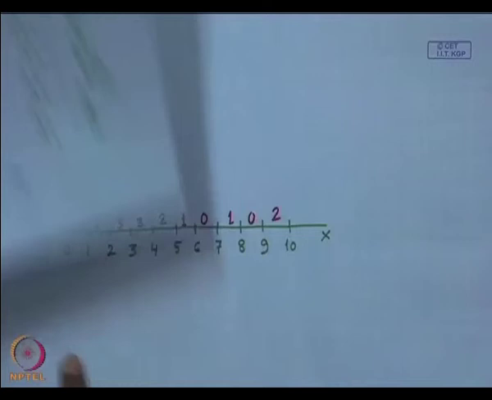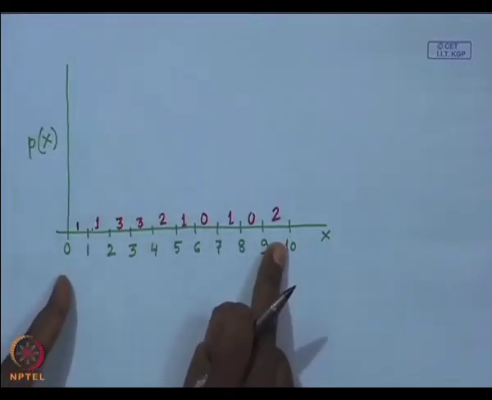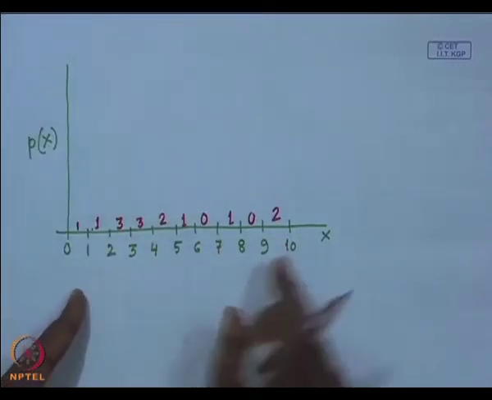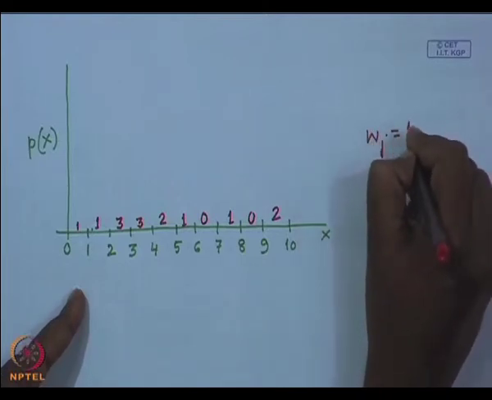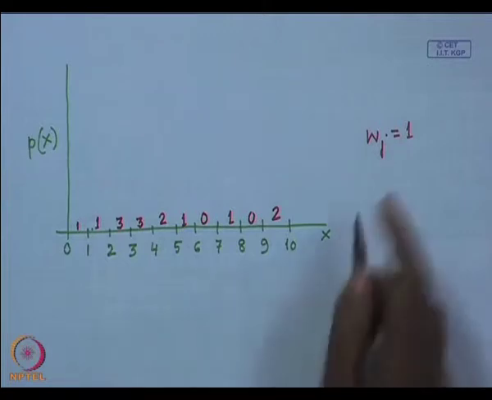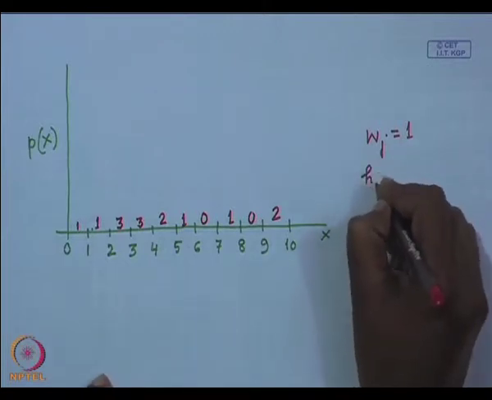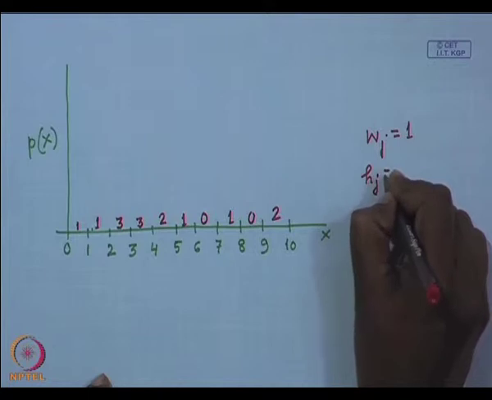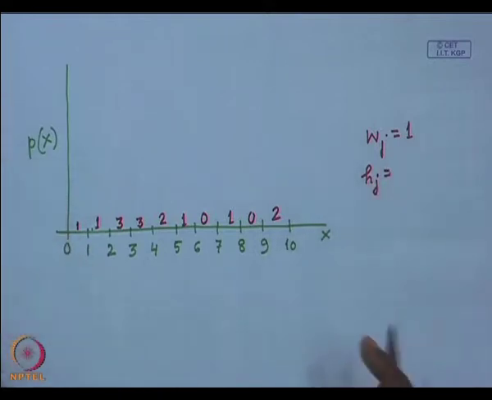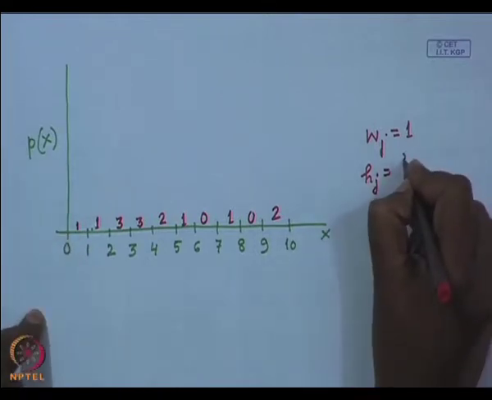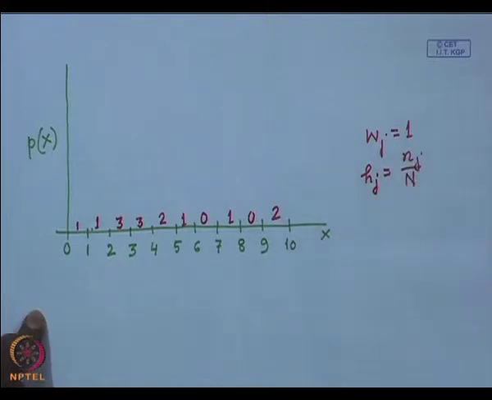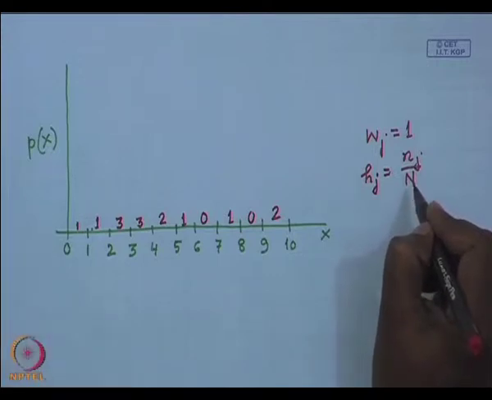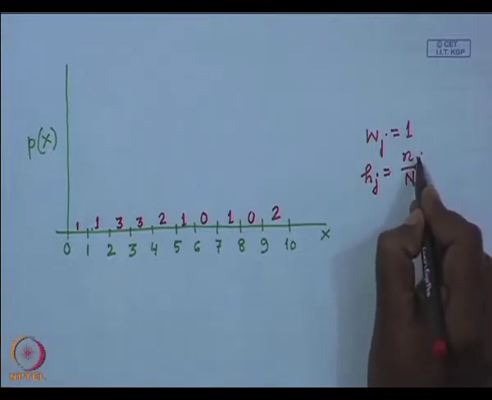So, naturally, given this situation, you find that W j, that is the width of the bin, is equal to 1. So, h j, the height of the probability density estimate, will simply be equal to n j by n, okay, where n is the total number of samples as we said before, and n j is the number of samples falling in that bin.